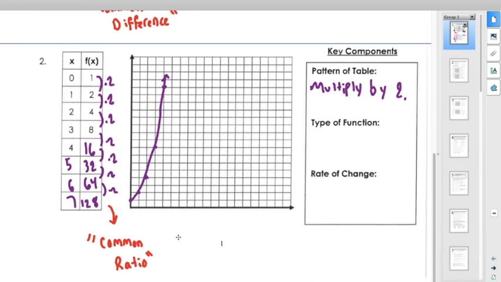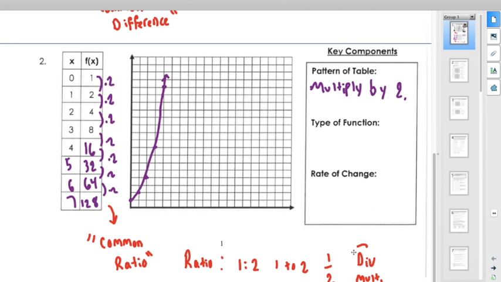Recall what a ratio is. A ratio is just pretty much a division. You could write 1 to 2, or you could write it as 1 over 2. So this is division here. Well, division, we know, goes hand in hand with multiplication.